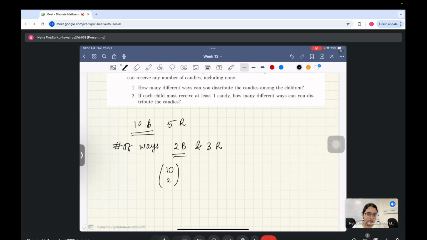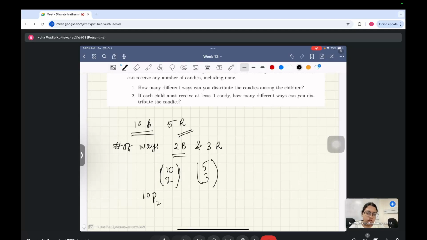Recall that this is 10 choose 2 and not 10P2, because in this case the order does not matter. All the 10 blue balls are identical, so it does not matter in what order you pick them. Similarly, for the red balls you have 5 choose 3 ways.